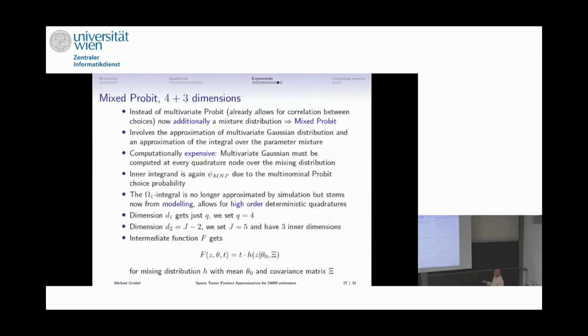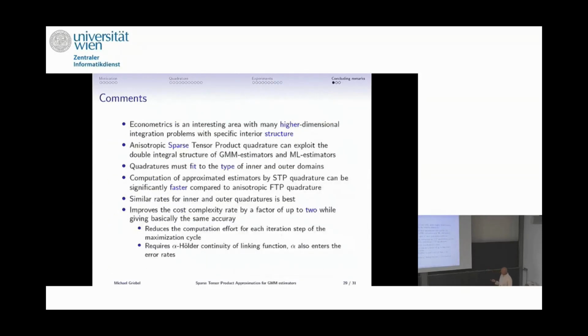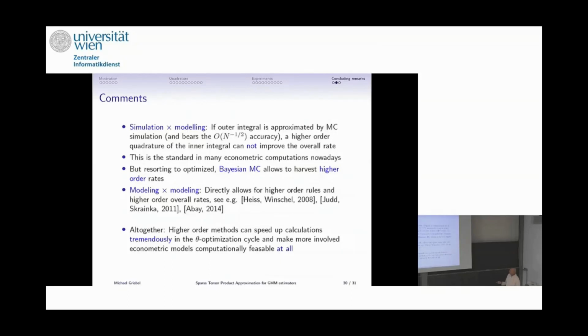Okay, so therefore things can be speeded up tremendously, and the econometric people, because they only work with Monte Carlo, what do they do? They fiddle around with their models. They try to come up with analytical models. And if this does not work, they try to tweak their terms in the model so that it's faster.